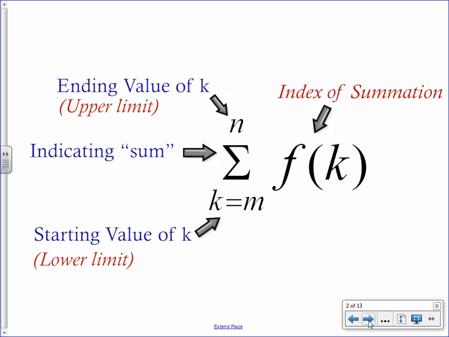So we start by plugging in m, and then we plug in integers until we get to n, and then since we have that sigma, it means we take all those numbers and we add them all together.